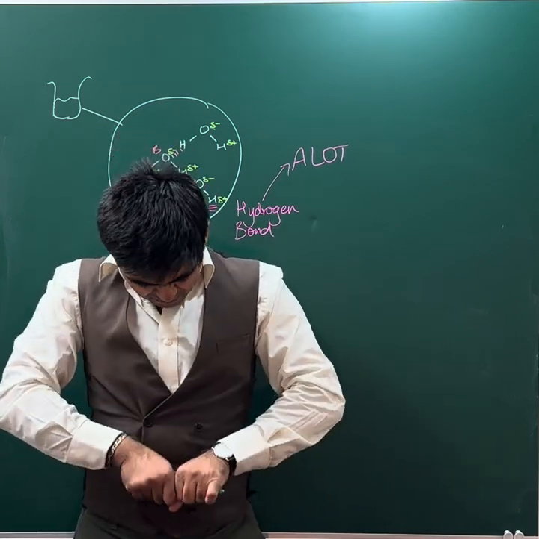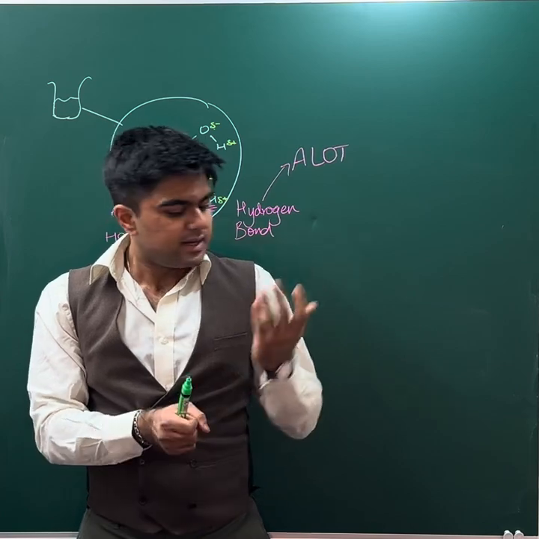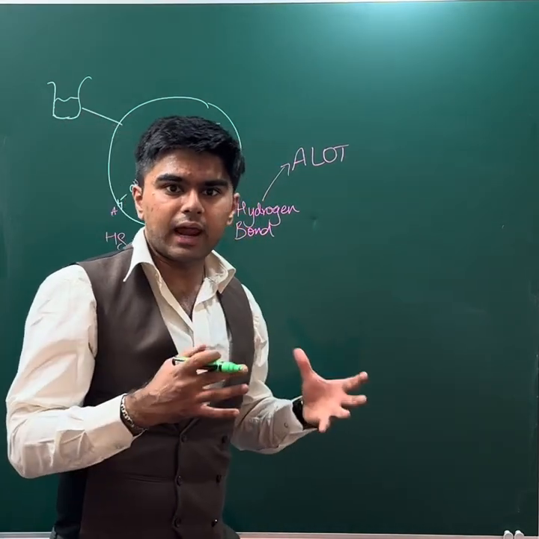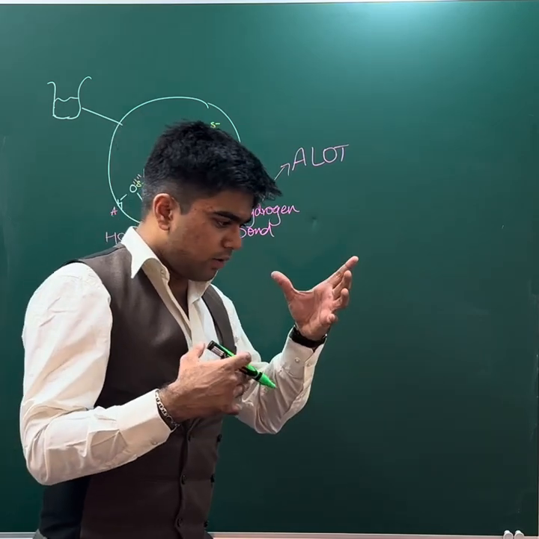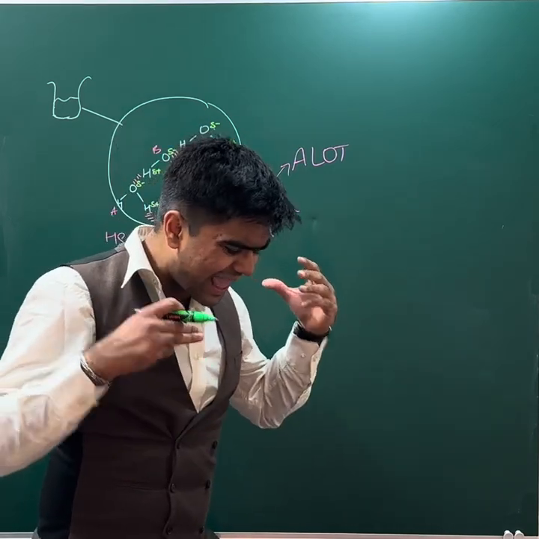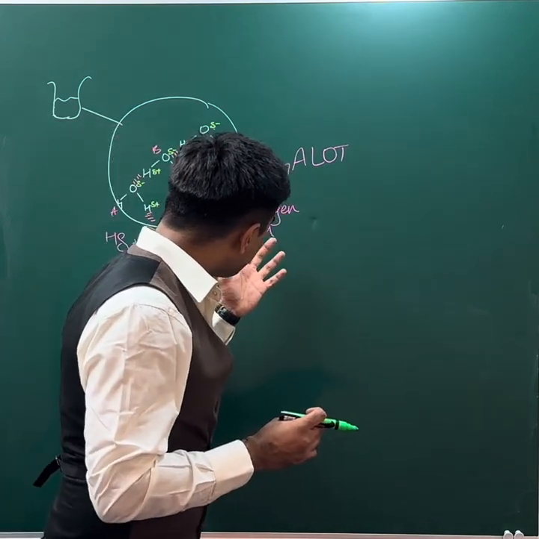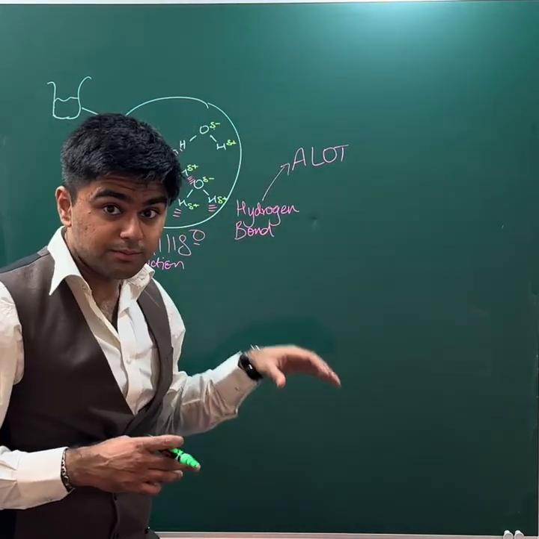I need to bend it very hard to break it. The same way, when we want to break a hydrogen bond, we need to exert energy. And when we're exerting that energy, we need to break all of these different bonds.